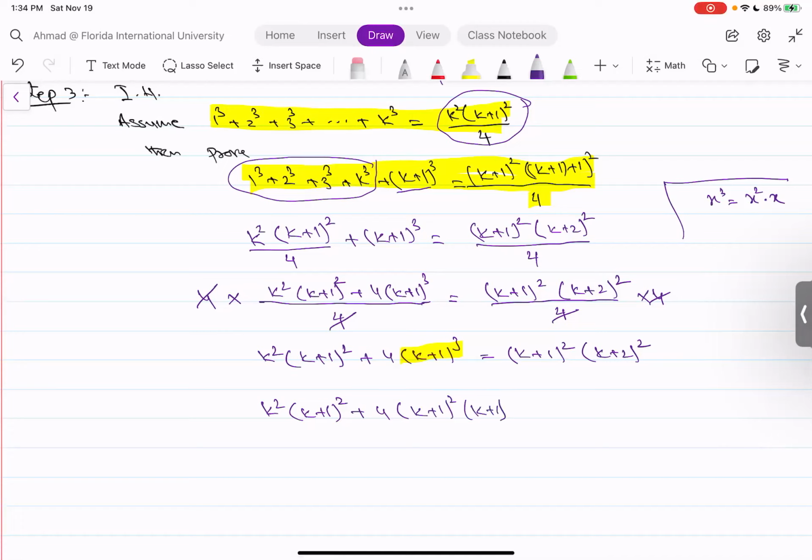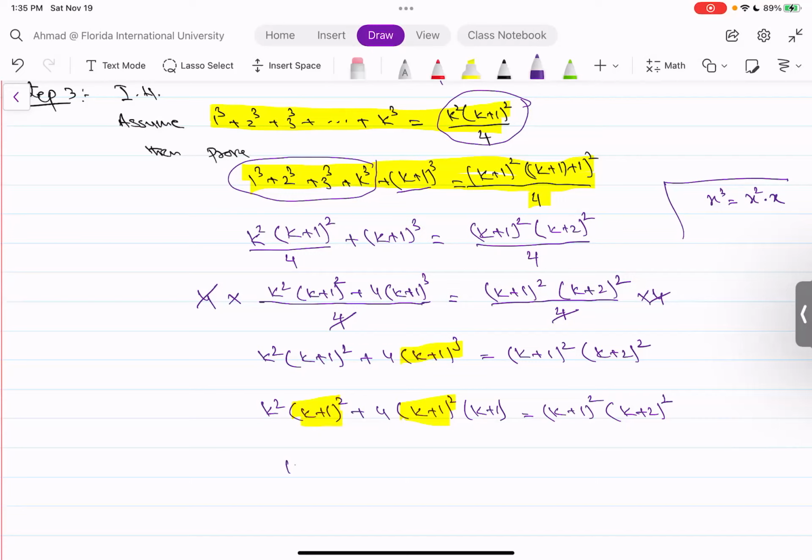That's what I have done, is equal to (k plus 1) whole square into (k plus 2) whole square, right? Okay, so what further I can do is, from the left hand side, I can take (k plus 1) square as a common value. So if I take this as a common value, then what is going to happen now?